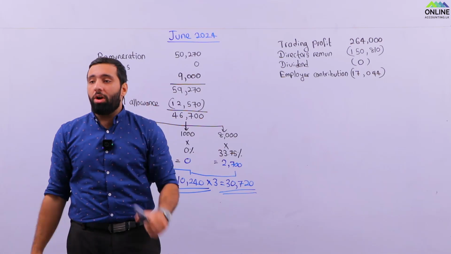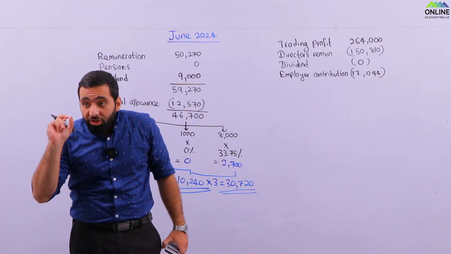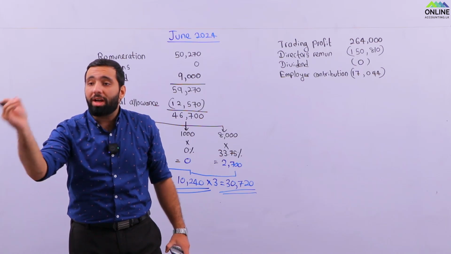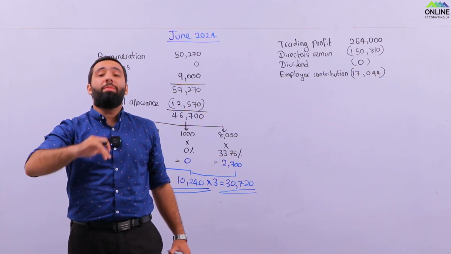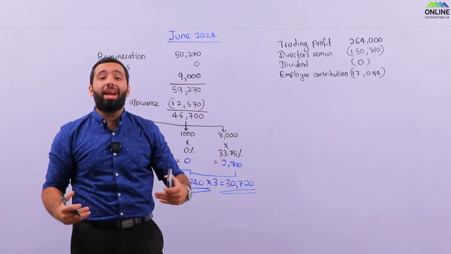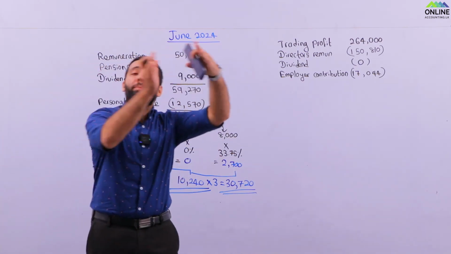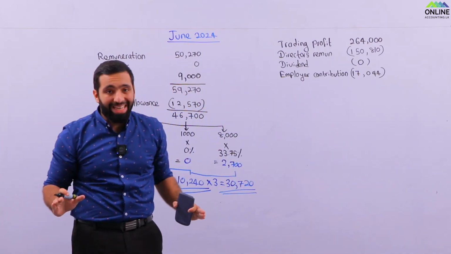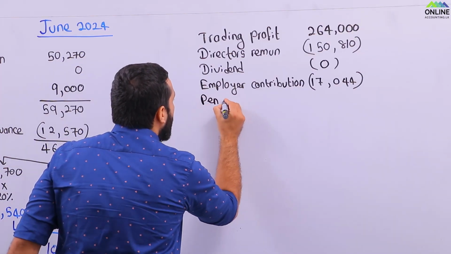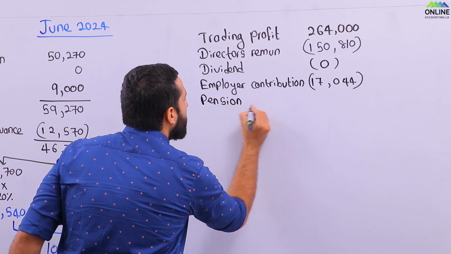And then moving on, the next one, the pension contribution, it is clearly given in the question, 20,000 into the company's occupational pension scheme for each of 3 directors. Yes, that is also done by the company on behalf of the employees. So the pension contribution is also a deductible expense.